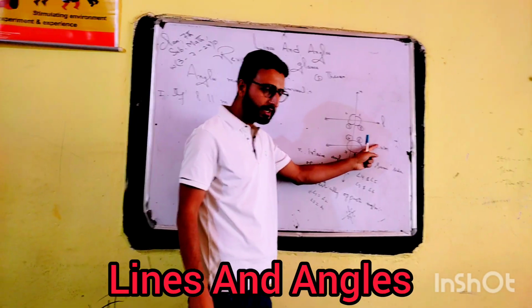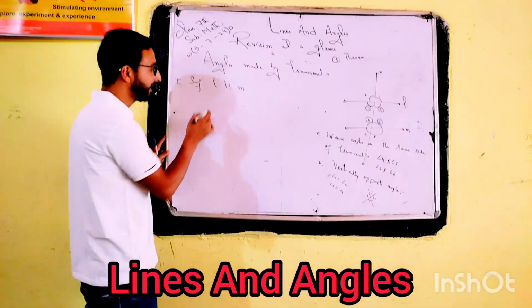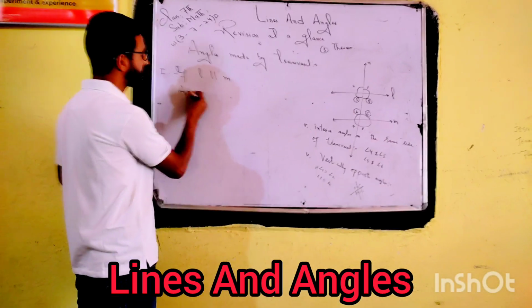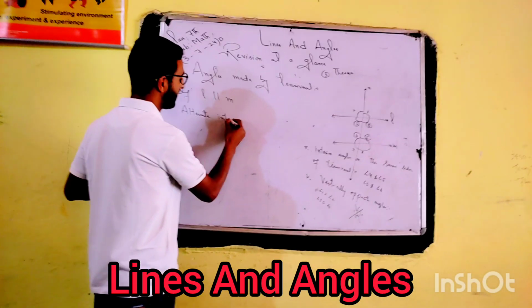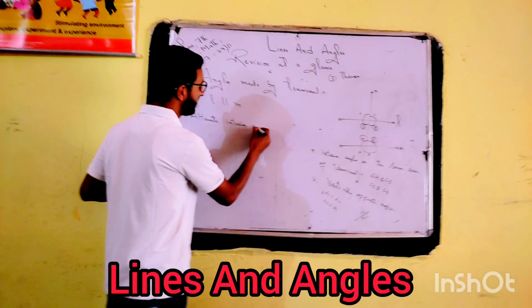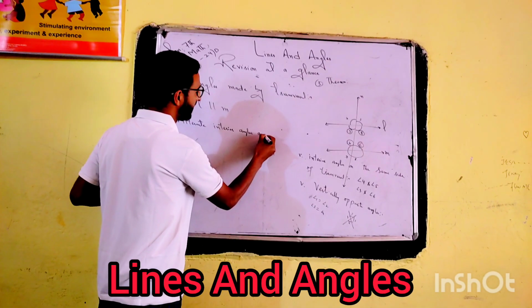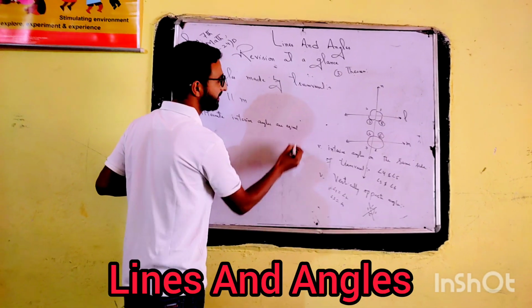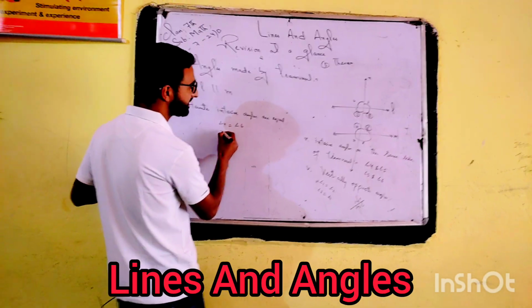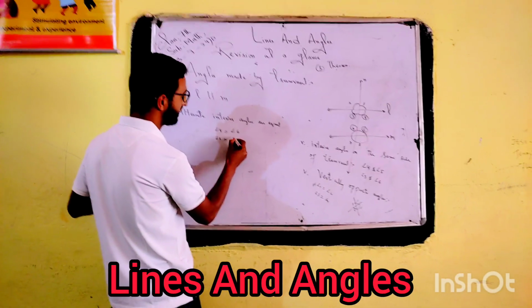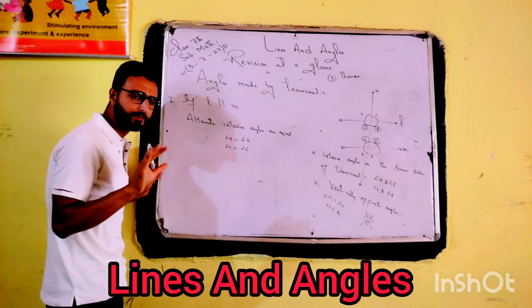If L is parallel to M, नंबर 1 थ्योरम क्या है? Alternate interior angles are equal. हाँ बताओ. जरा बता कौन कौन सा फिर? Angle 4 is equal to angle 6. Angle 3 is equal to angle 5. This is the first theorem.